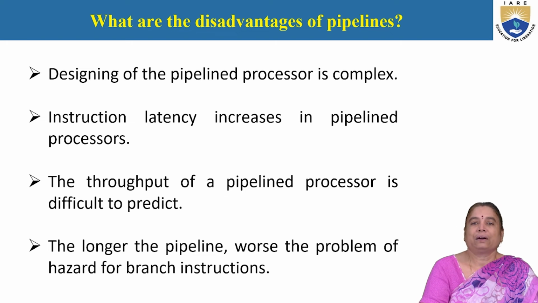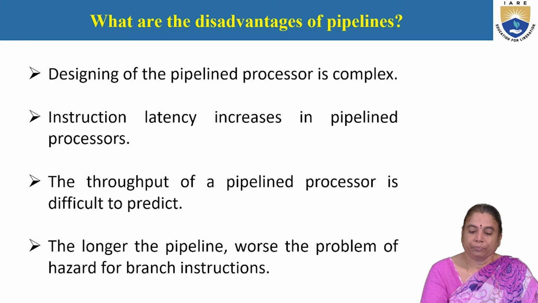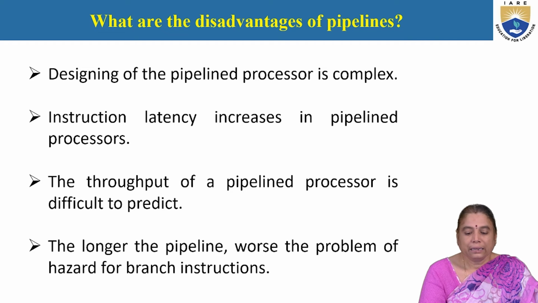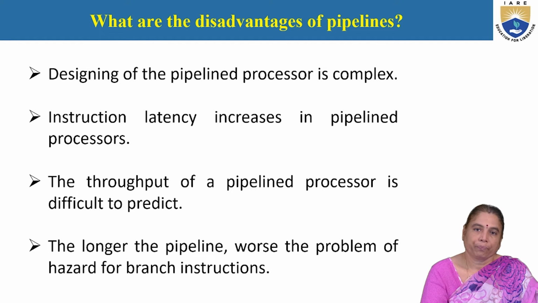What are the disadvantages of pipelining? Designing a pipelined processor is a very complex task. The conflicts that can arise, such as data dependency, branch conflicts, and resource conflicts, must be properly taken care of with the help of hardware mechanisms. Instruction latency increases in a pipelined processor.